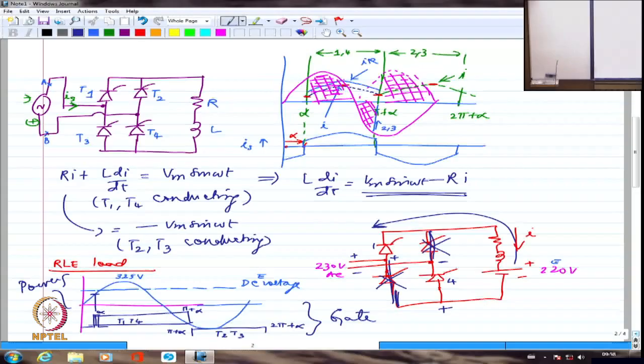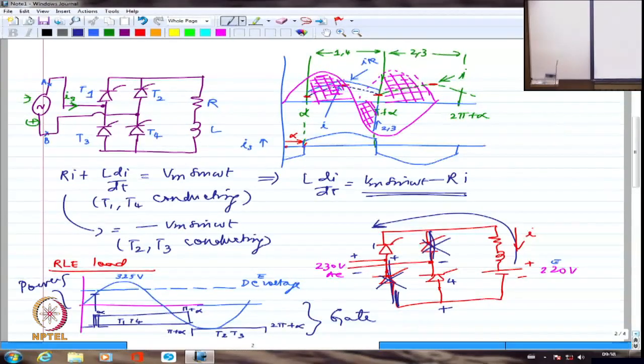It will not get on, absolutely. But generally what we do is, as a rule, all the single phase converter circuits will receive a pulse of 180 degrees. That is a standard design. Although it is not going to really work, even if I try to fire it beyond this, it will not work. But we generally make it like a standard practice.